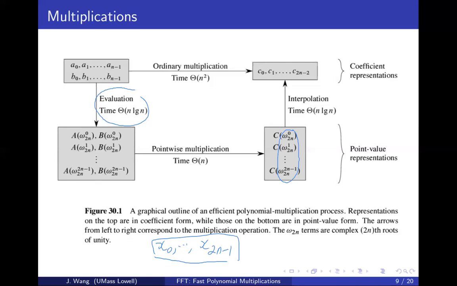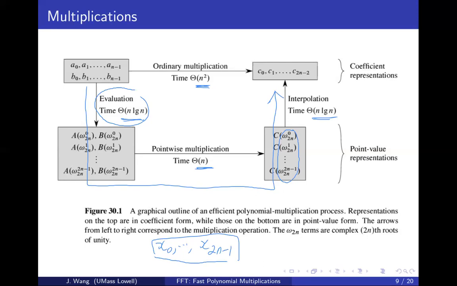So instead of a direct multiplication that takes the order of n squared time, we are going to go in this direction, which saves the number of operations from the order of n squared to the order of n log n, because this is n log n here, this is linear, and this is n log n here. So we add them up, it's still in the order of n log n.